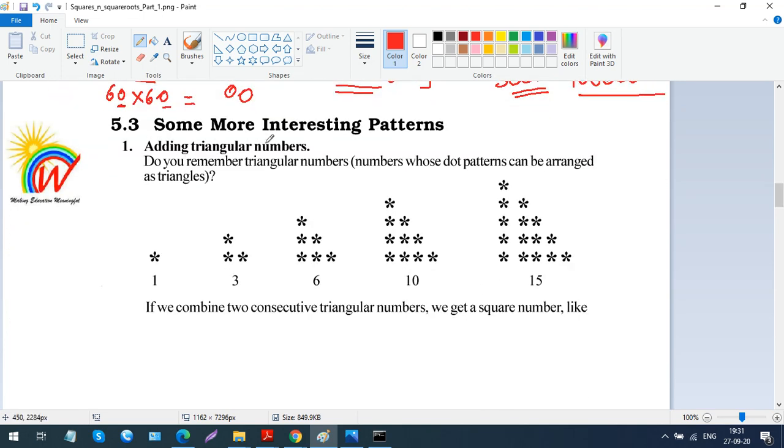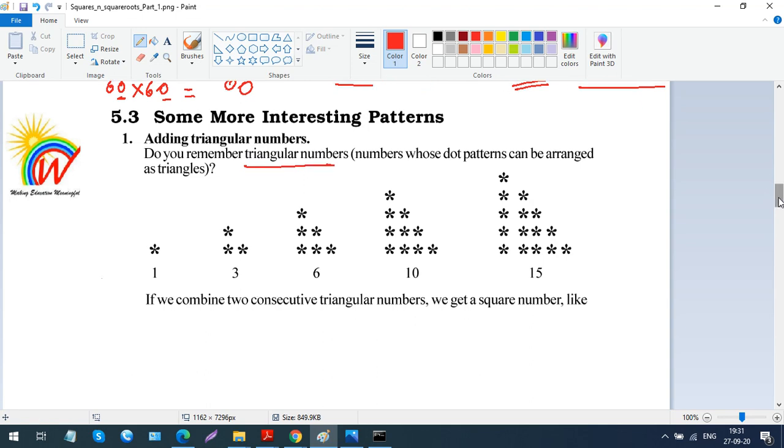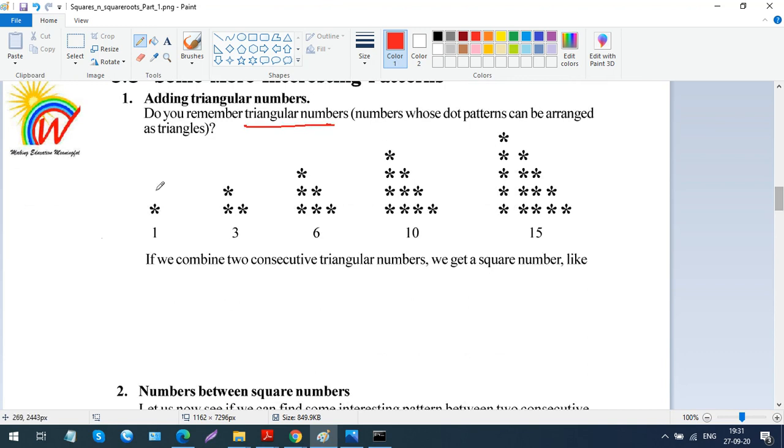Okay, now come to this. Some more interesting patterns: adding triangular numbers. Do you remember triangular numbers? You must have heard about these. For those who have not, I'll tell you what a triangular number is. This 1 is just a 1. You draw 1 dot, and I can make a triangle shape.